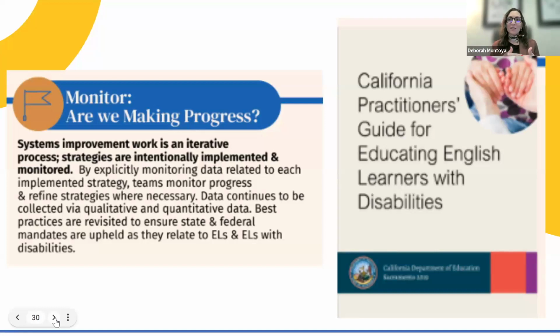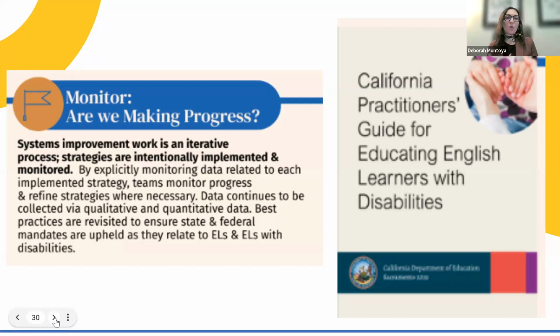Likewise, we may have said, yes, all students with disabilities are receiving designated ELD. And now we have deeper questions about what is the quality of that service? How can we support the teacher in assuring that students are gaining English language acquisition skills, that we're seeing progress from year to year that impacts then our LP score?